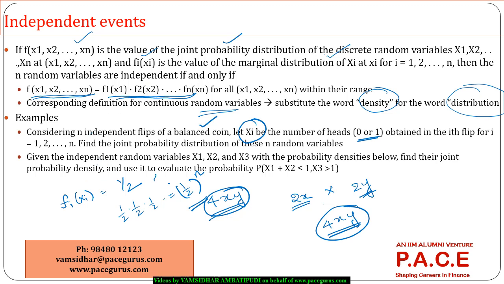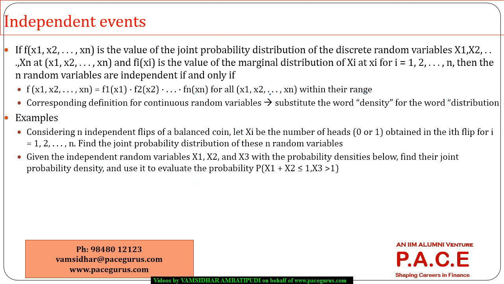Similarly, you could see here, given the independent random variables x1, x2, x3 with the probability densities given below, I did not put up the probability densities here.